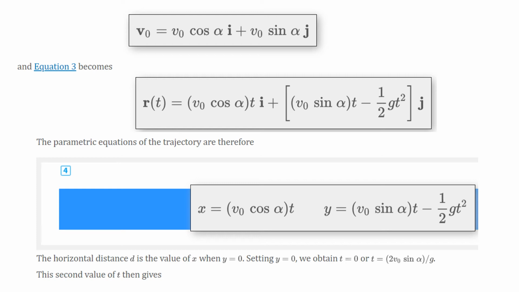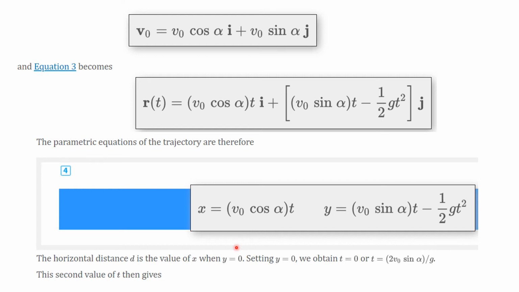And so our earlier equation then becomes r of t is equal to v0 cosine alpha t in the i direction plus this expression in the j direction. You see, this is what I'm using for v0, and if you do the algebra, you will get this. Now that means if I'm talking about the parametric equations, then x is equal to v0 cosine alpha t, and y in the j direction is v0 sine alpha t minus 1/2 g t squared.